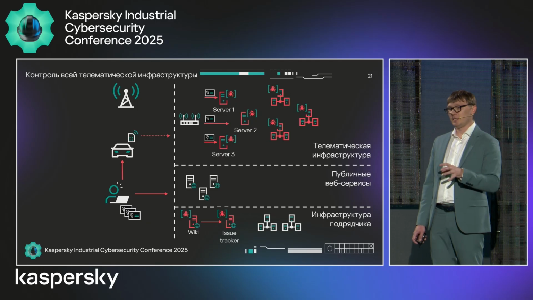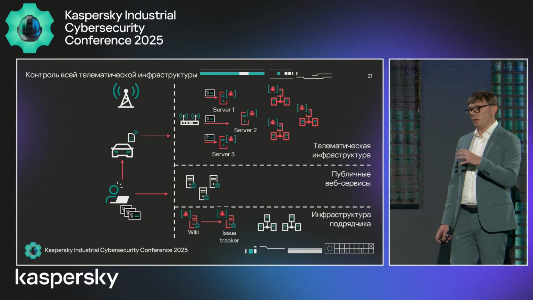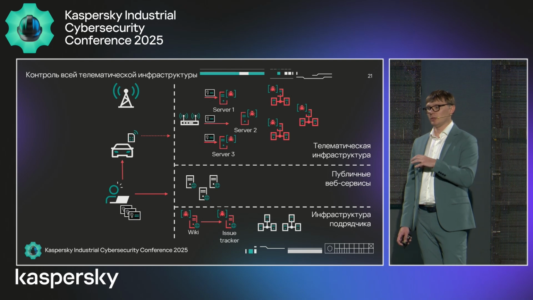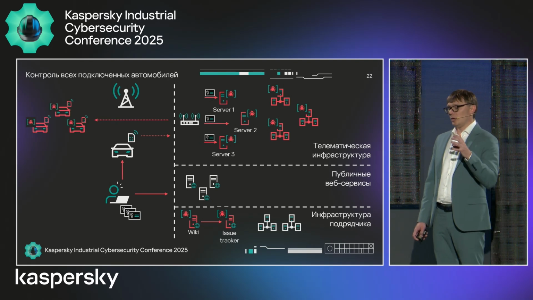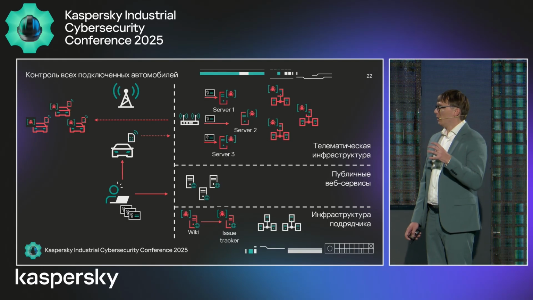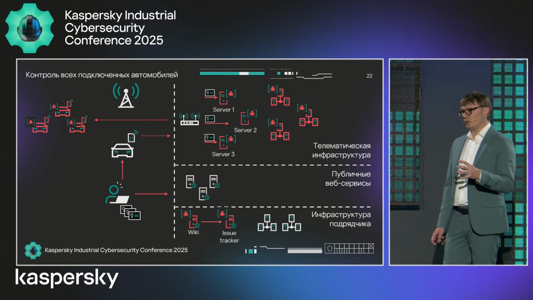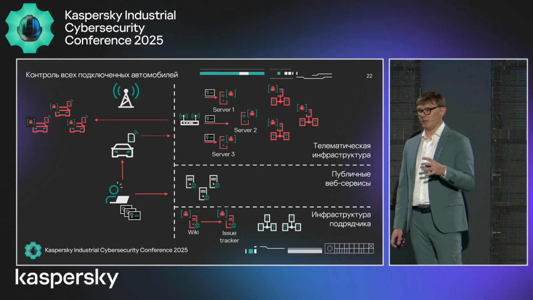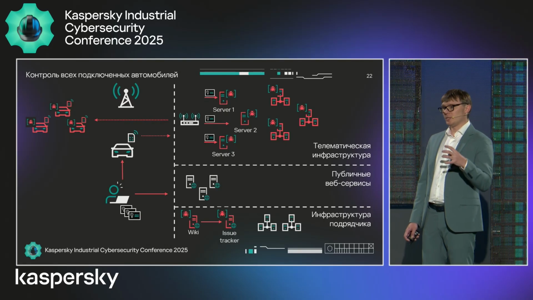After that, we started studying the interaction between the infrastructure and the telematics block. In the list of commands for the telematics, we found the command for updating the software, and we understood the signature.